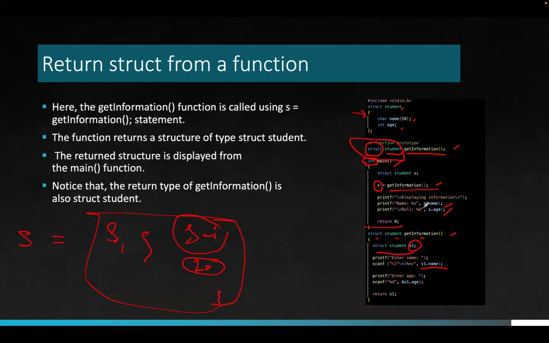And the second thing, to inherit the properties of the student, we have used the alias name s1. Once we get the inputs from the user, we store them in the structure name and age. When that is done, we pass this to variable s and print whatever data was input.